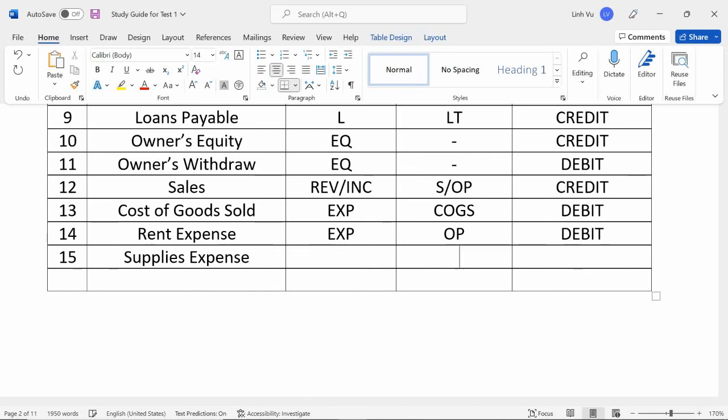Okay, so that's your accounting model there. And last but not least, supplies expense. Okay, that's an expense. What kind of expense? That's an operating expense. And it's going to be a debit. Yes. Good.